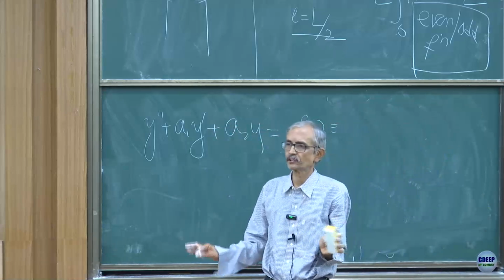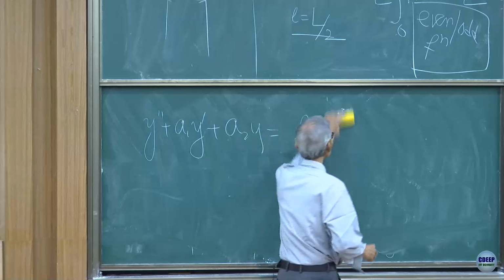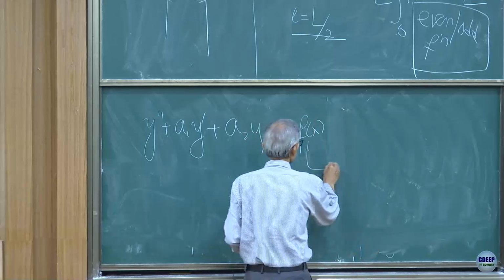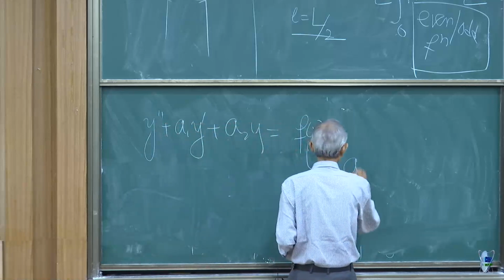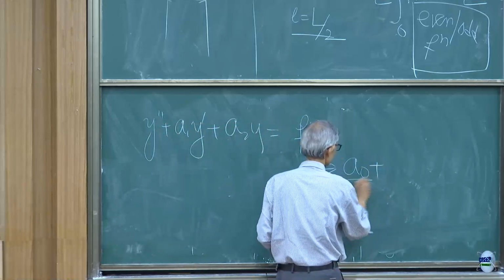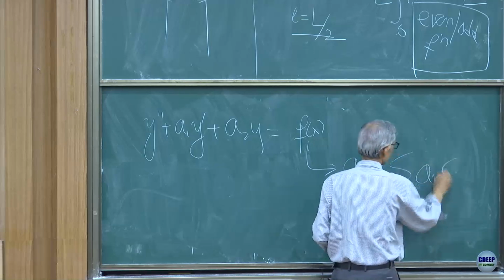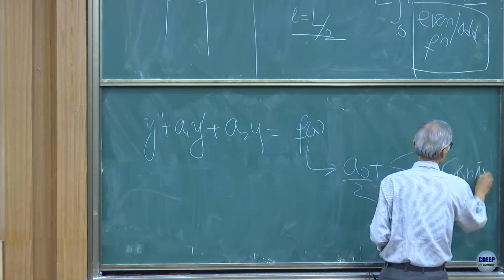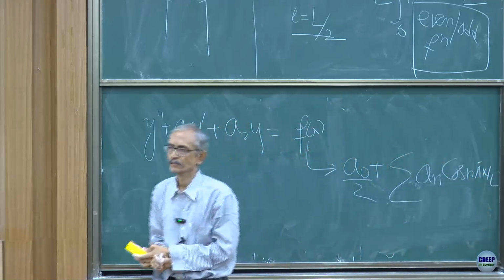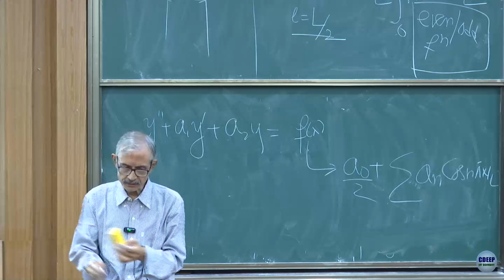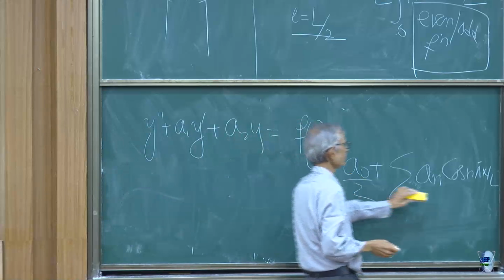In this particular case, let us assume that you have used the correct formulation, whatever may be the f(x). Let me just say that it is a0/2 plus the summation of an cos(n pi x / L). Just let us randomly say that. So it is an even function which you have modeled, and this becomes equal to this.